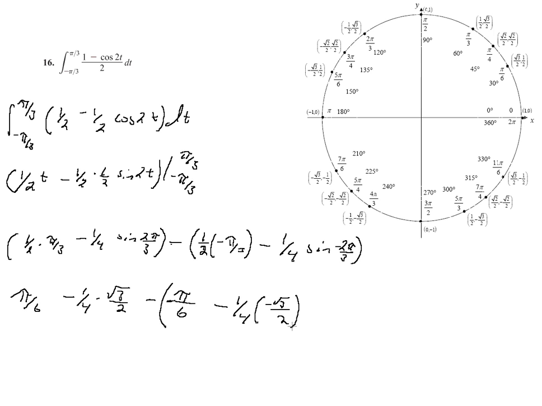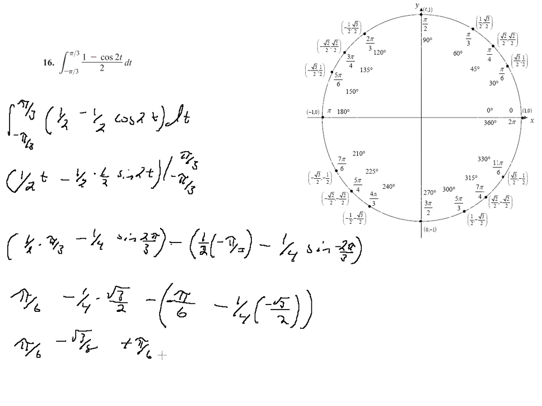And then just changing the way it looks a little bit, we have pi over 6 minus √3 over 8. Negative times a negative, negative 1 times negative pi over 6 is positive pi over 6.